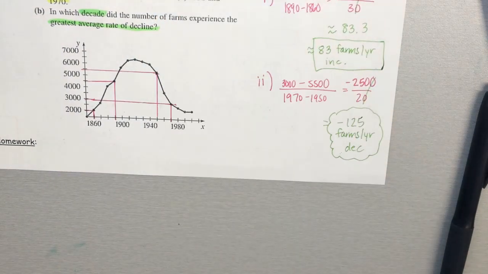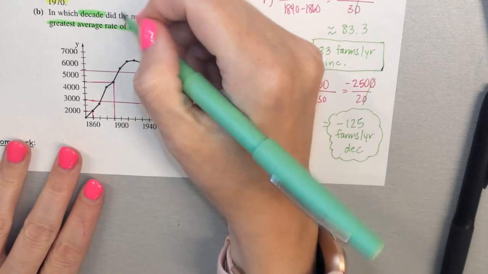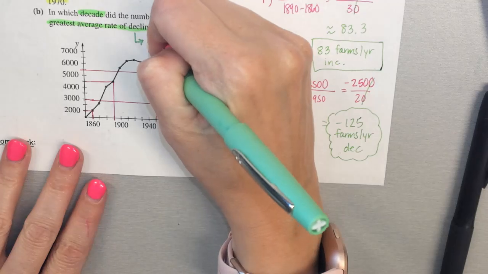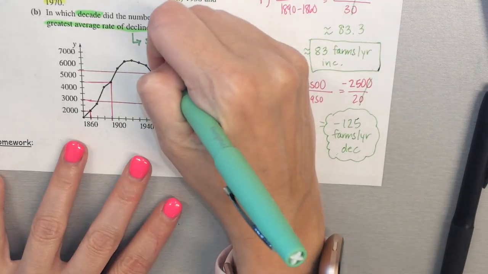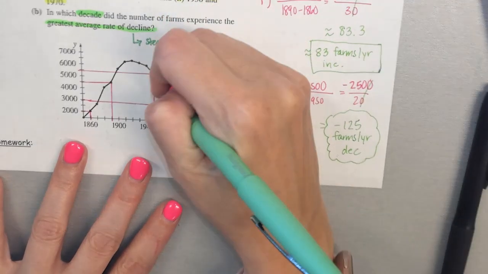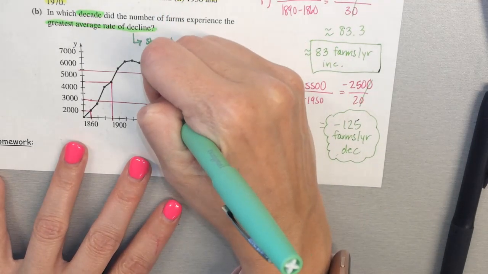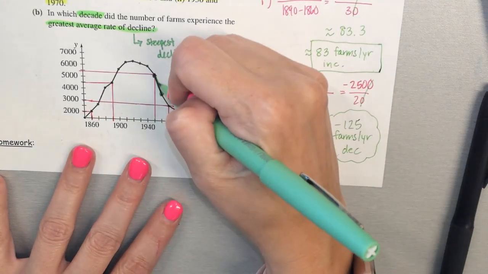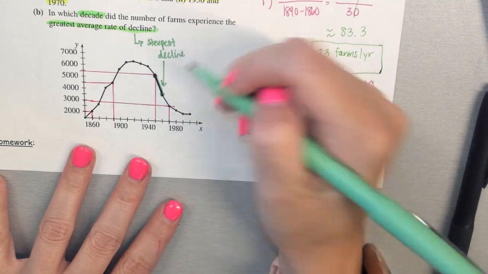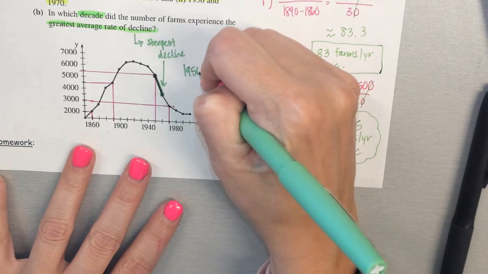The greatest amount is going to be the steepest decline. So between what 10-year period do you think? Yep, 1950 to 1960. This is going to be the steepest decline here. So 1950 to 1960.